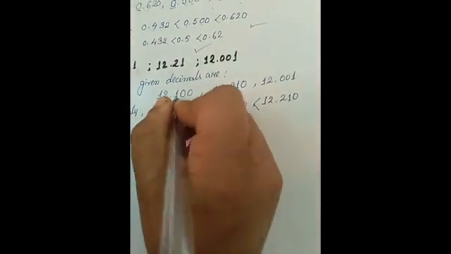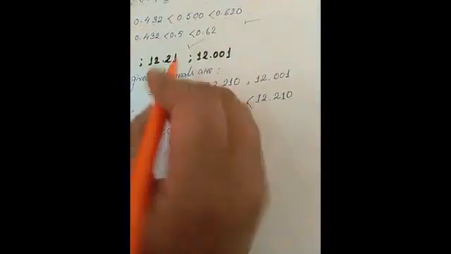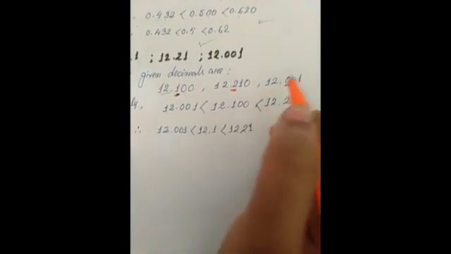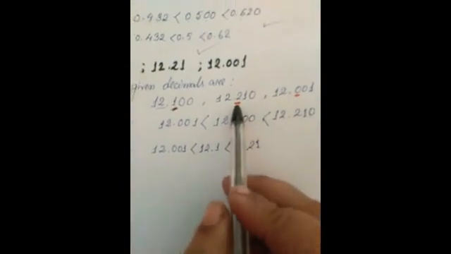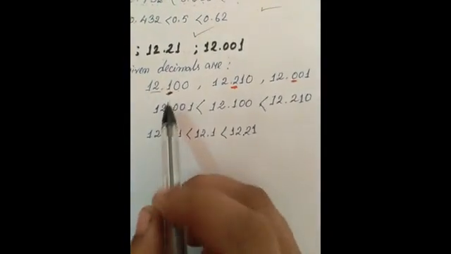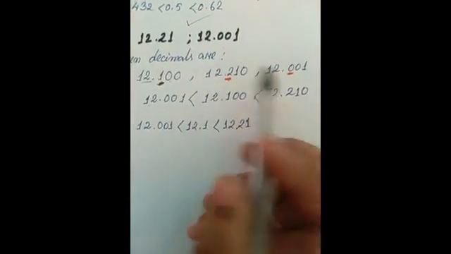Now the tenths place: here it is 1, here 2, and here 0.